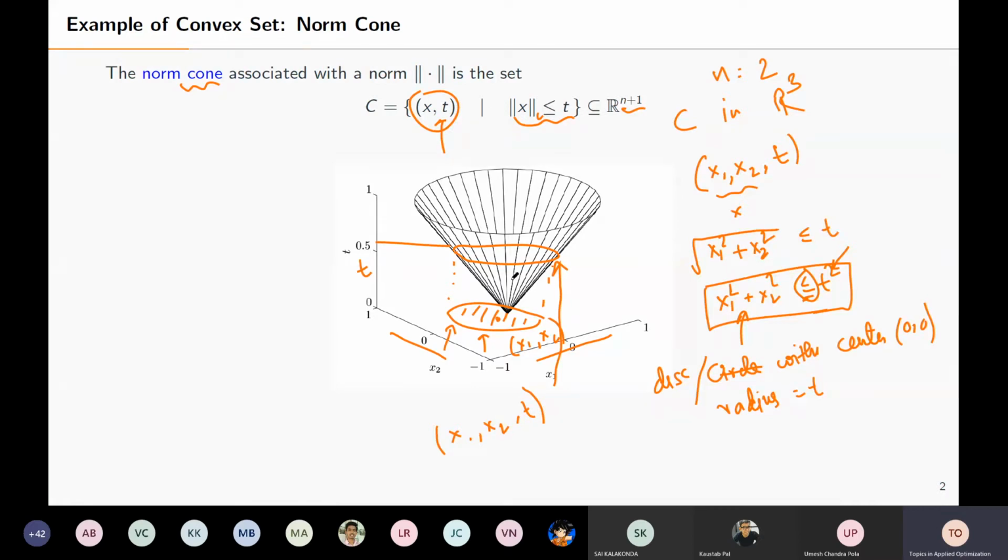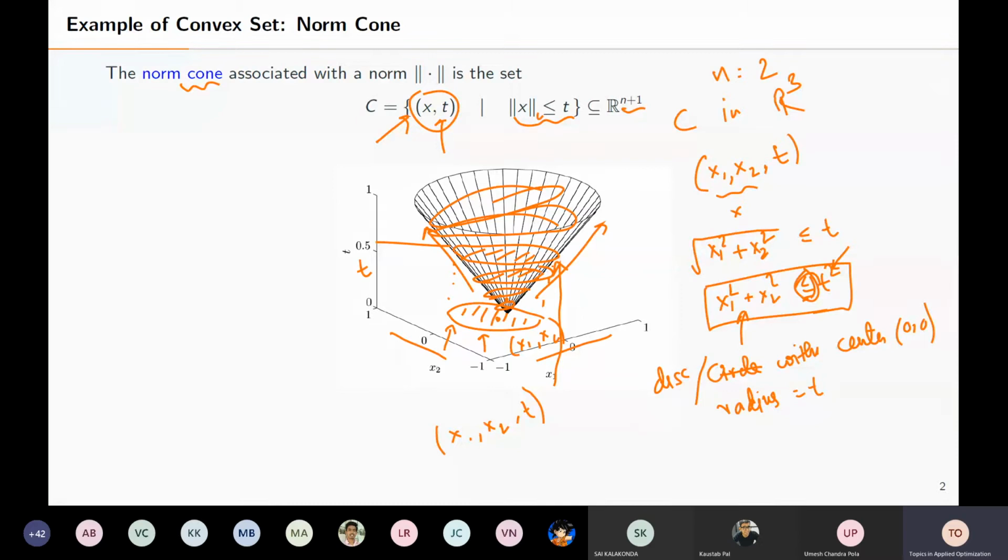These are disks at varying heights, and if you do it for continuous t, this becomes a cone. The interior part is also included because of the less than or equal to. So it's a cone. Now you agree this is a geometrical object, but sometimes the way the maths is written requires some thinking.